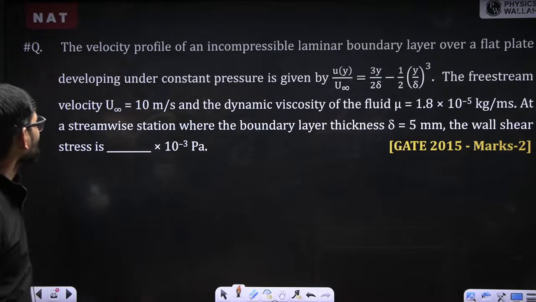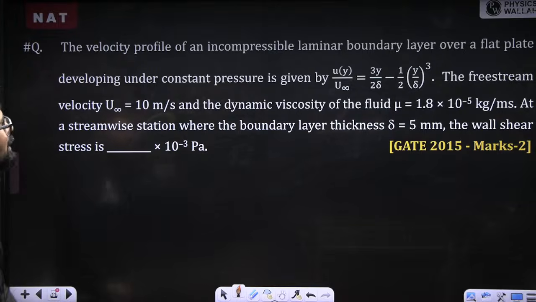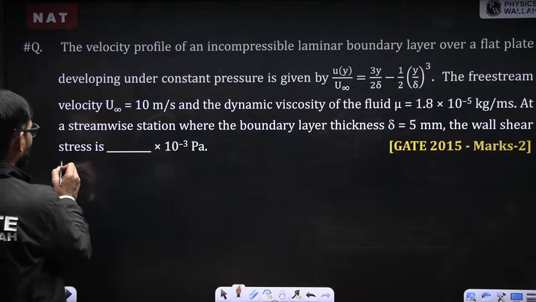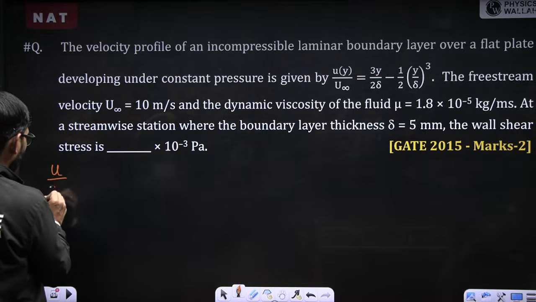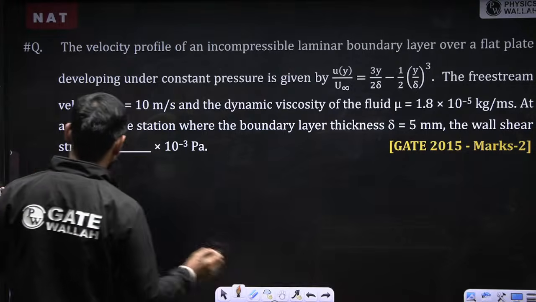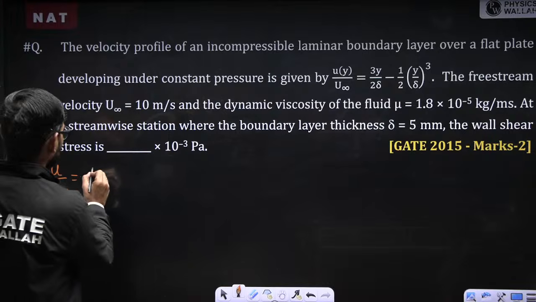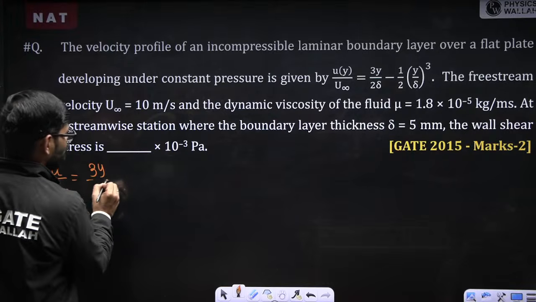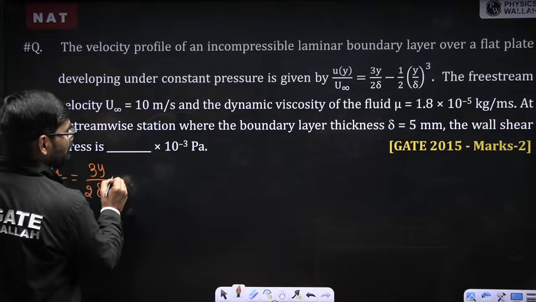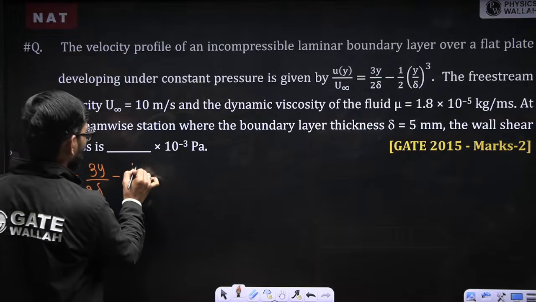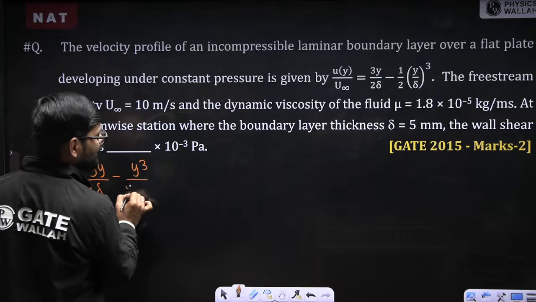Okay. So the velocity profile for incompressible laminar boundary layer flow over a flat plate, u by u infinity, is given as 3y by 2 delta minus y cube by 3 delta cube.